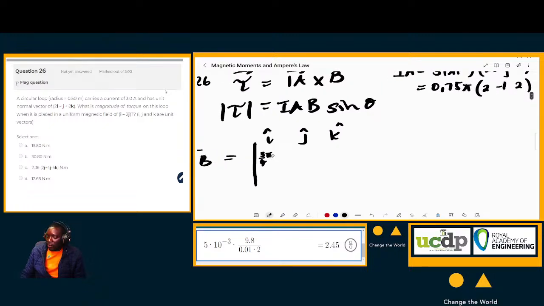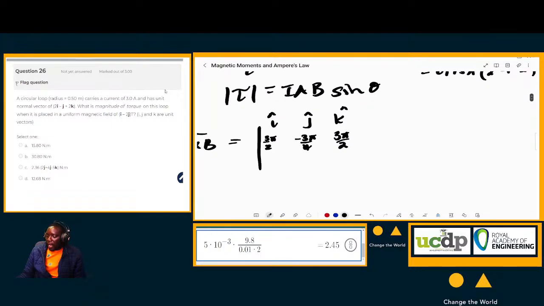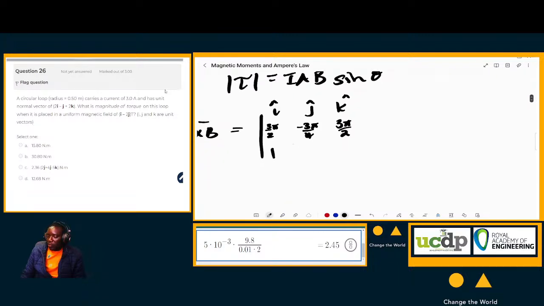So that makes it 3 pi over 2, minus 3 pi over 4, and 3 pi over 2. So that's for our IA. Then for B, we're told B is i minus 2j, so we've got 1, minus 2, and 0.